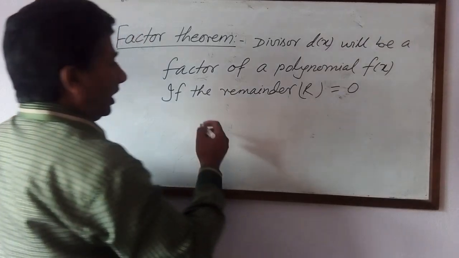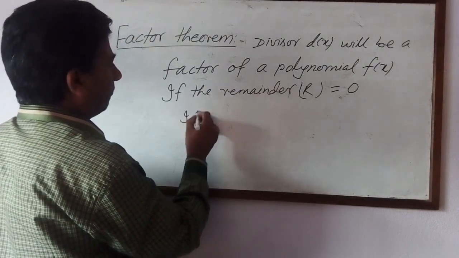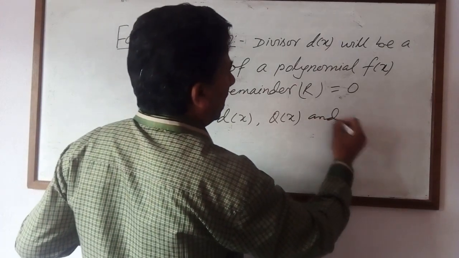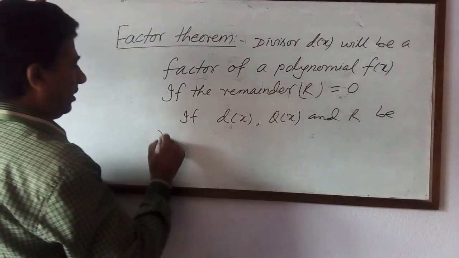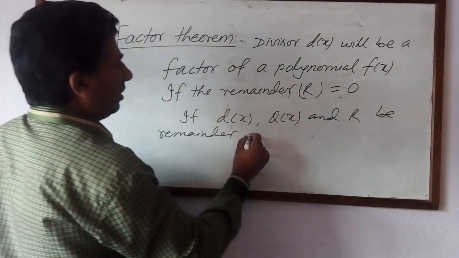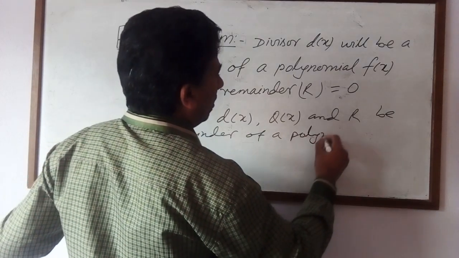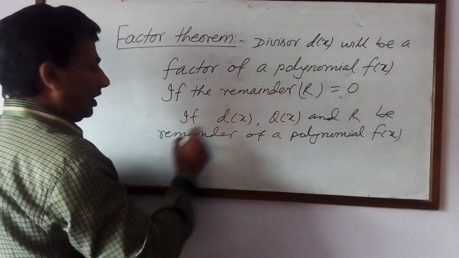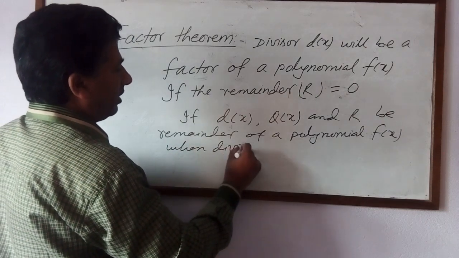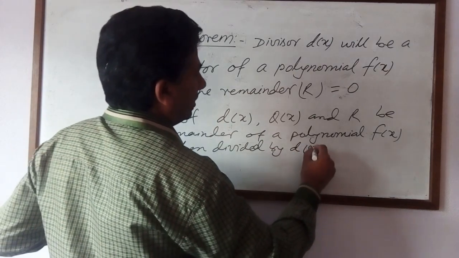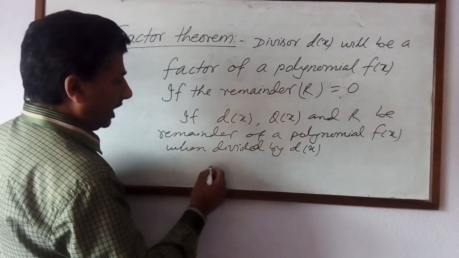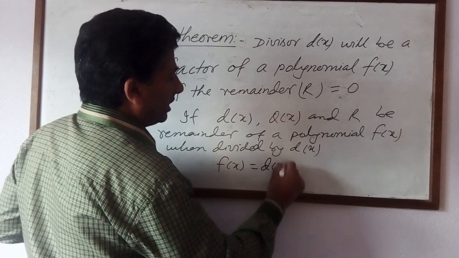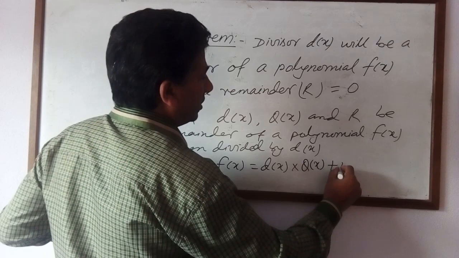Now according to the division algorithm, if dx is the divisor, qx is the quotient, and r is the remainder of a polynomial fx when divided by dx, then according to the division algorithm, fx equals divisor times quotient plus remainder.